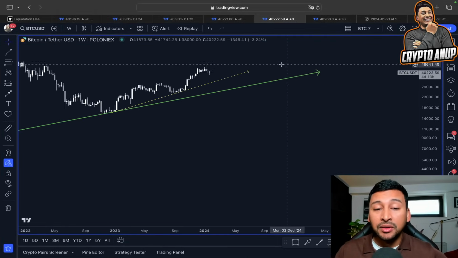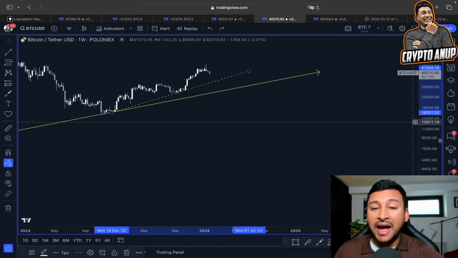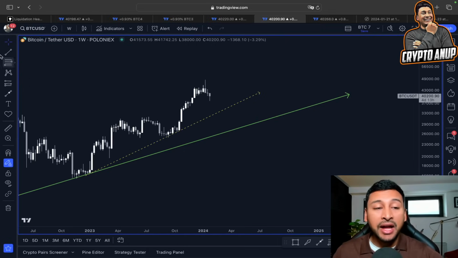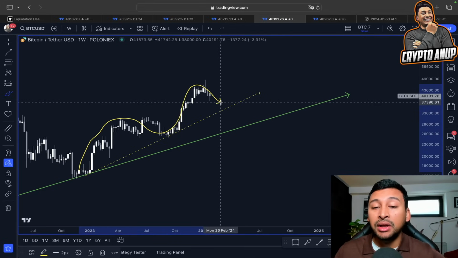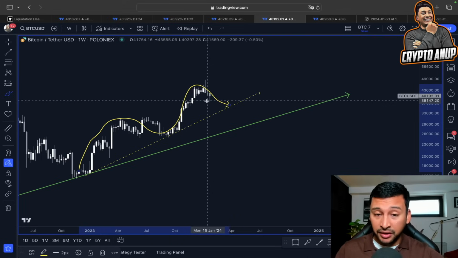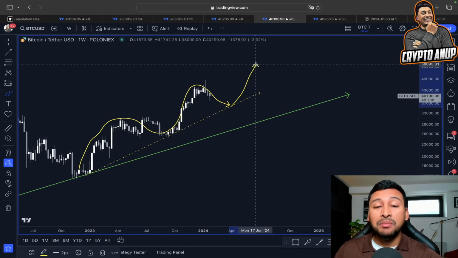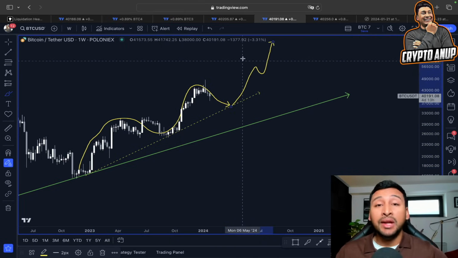I mean, right now, if you look at this higher highs, higher lows continuation pattern for Bitcoin, it actually shows us that this line could be retested before we start with a new impulsive move.